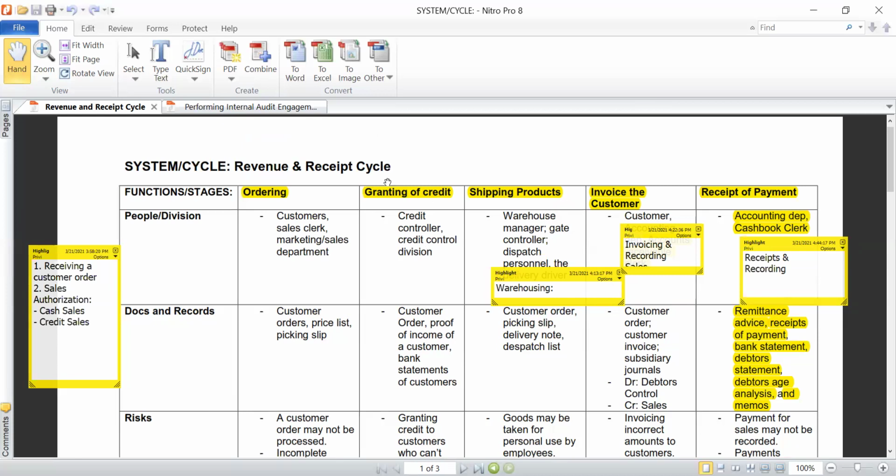So let's go to the second stage. The second stage in the revenue and receipt cycle has to do with granting of credit to the customers. The moment you hear granting of credit, it means that this stage mostly involves the credit division of the company.